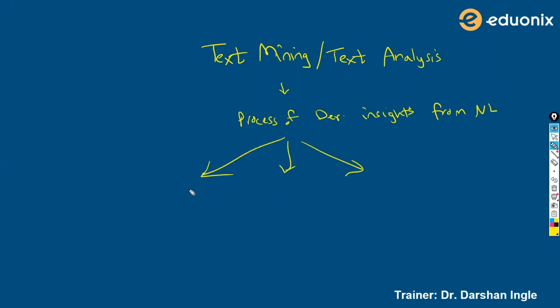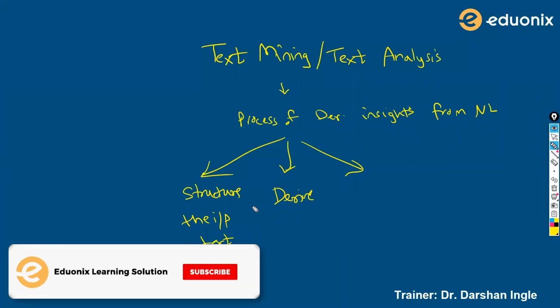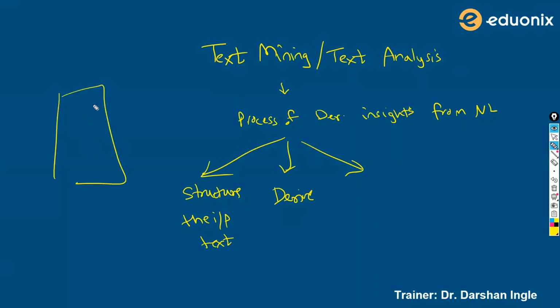The first one is we are going to structure the input text, right? As I told you with the phone number example, we are going to structure it properly so that it looks like a normal number. Next is we are going to derive a pattern over here. So we are going to understand what that thing is basically symbolizing. Let's say I have a column where there are a lot of numbers.